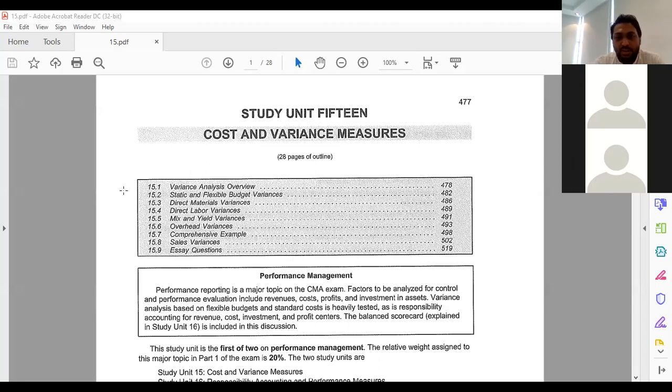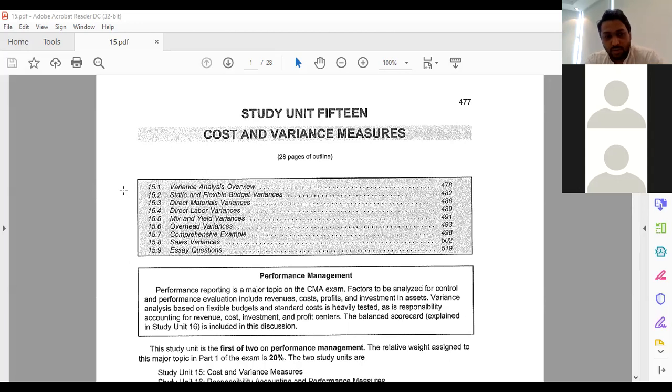Okay, fine. So now here we are going to discuss cost and variance measurements. In budgeting, we studied static budget, flexible budget, and how to prepare a budget. Now, when it comes to analysis, why do we prepare a budget as a control measurement? When we have a budget, we can plan according to it.